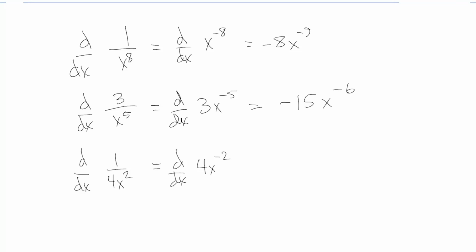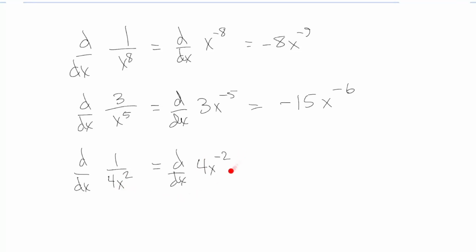You bring the bottom up and you make the exponent negative. This is not quite right though. Anybody feel something? Something ain't right. Yeah. Would you have to make the coefficient negative as well? Yeah, something about the 4 is what's not right about this.